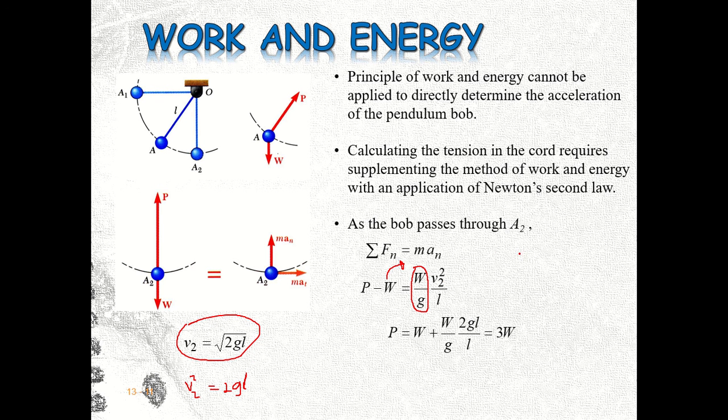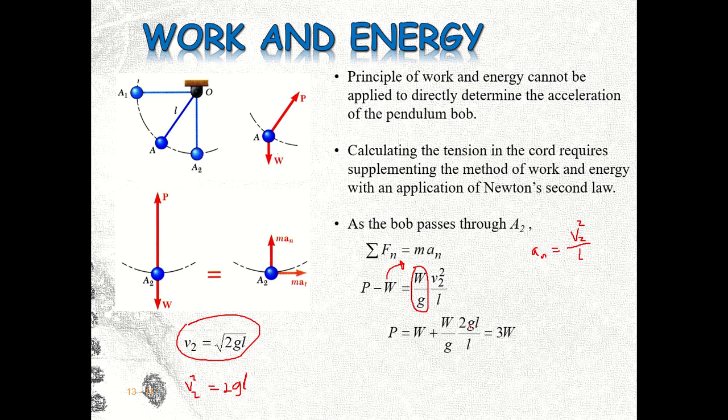We have AN. By the way, our AN is the normal acceleration, normal to the path of the movement of the pendulum. This is equal to V2 squared over L. That's why we substitute AN here with this.